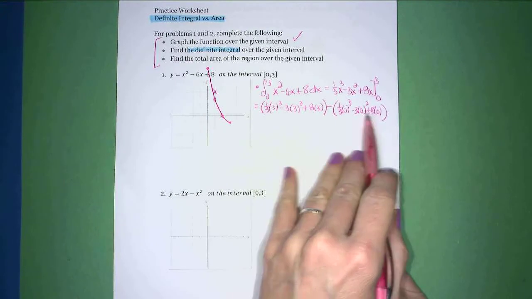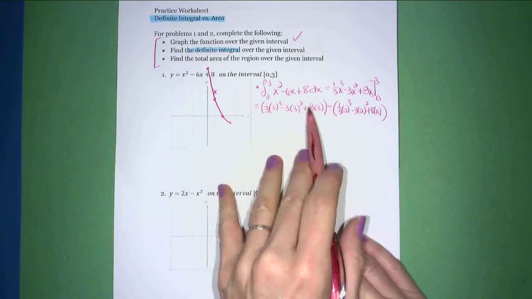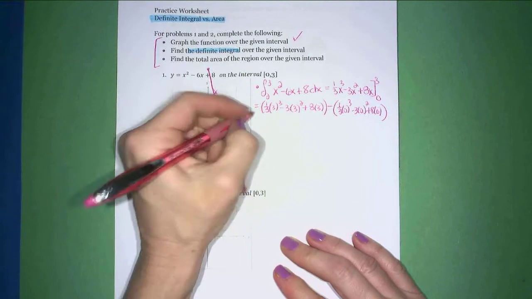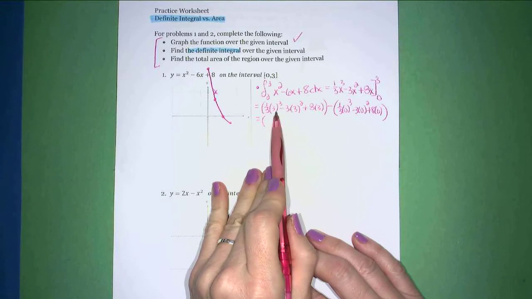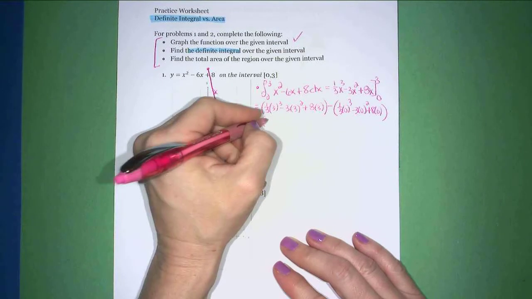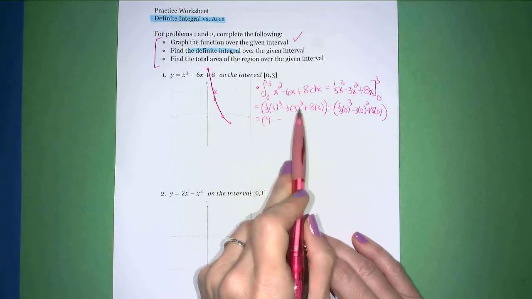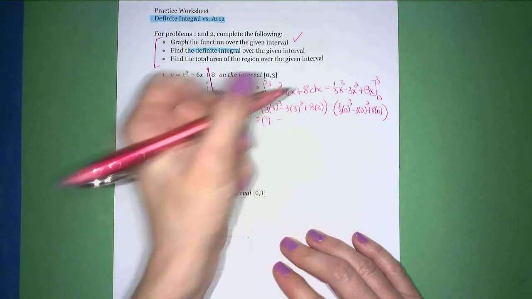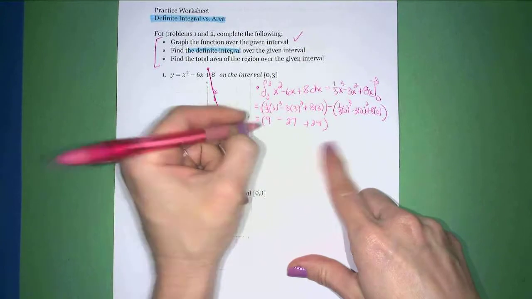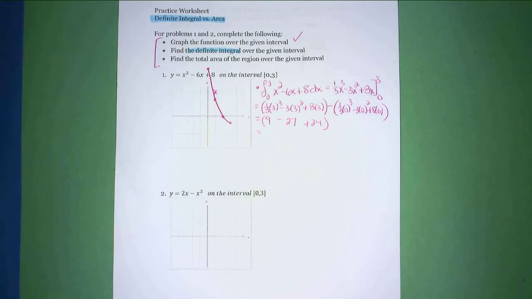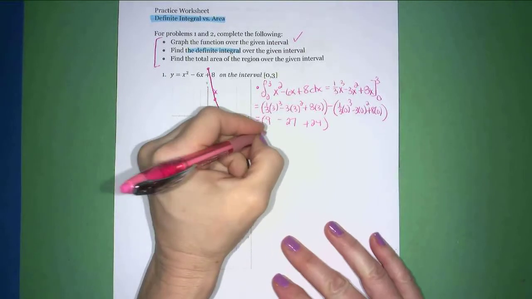And this back end, with all those zeros, that's going to disappear, so I can really just focus on the front here. So I've got 3 to the 3rd is 27, divided by 3 is 9, minus 3 squared is 9 times 3 is 27, plus 24. And so my final answer, 9 minus 27, is negative 18, plus 24 is going to give me 6.